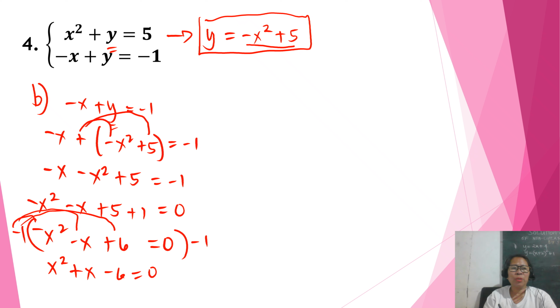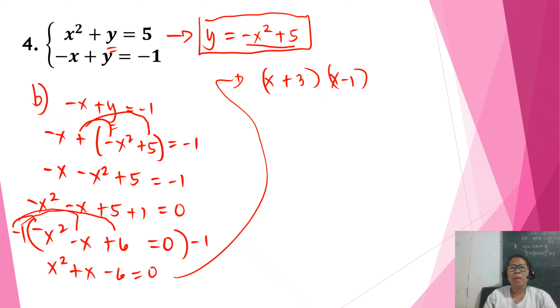And what are the factors of negative 6? That will give us a positive 1. Our middle term is 1 positive. So the factors are x plus 3 and x minus 2. Okay, why?